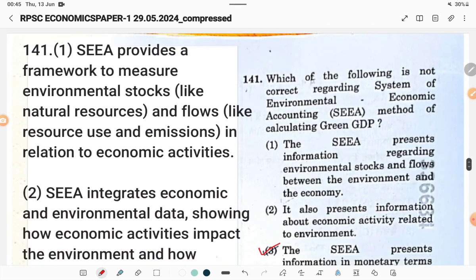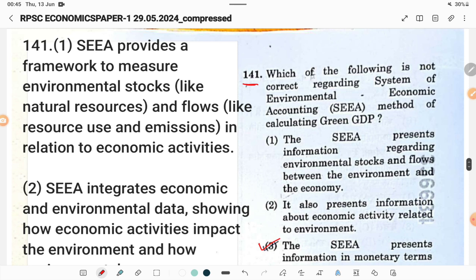Now the next question is 141. Which of the following is not correct regarding the system of environmental economic accounting, SEEA, a method of calculating green GDP? So the SEEA represents information regarding environmental stocks and flows between the environment and the economy.